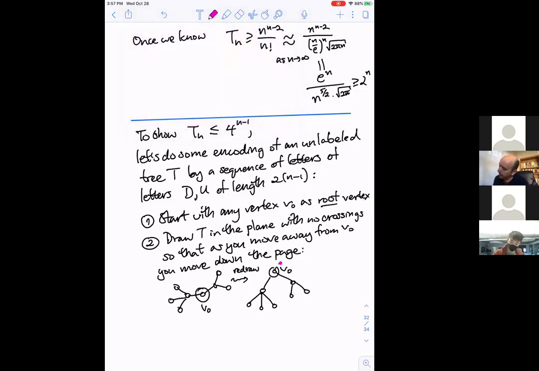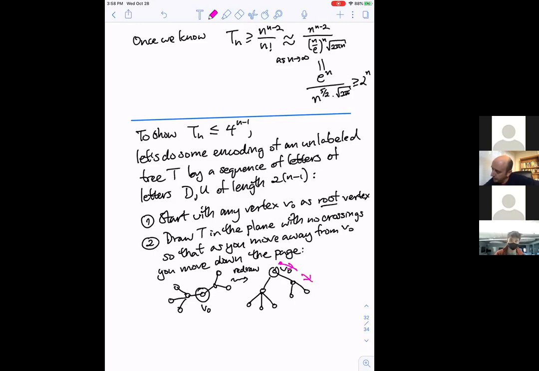Start there at V0, and you walk around the outside of the tree along edges. So you trace the outer boundary of the tree, moving along edges, and you write down D if you went downward along an edge, and you write down U if you went up along that edge. So what am I going to do? I'm going to go that way. I went down.